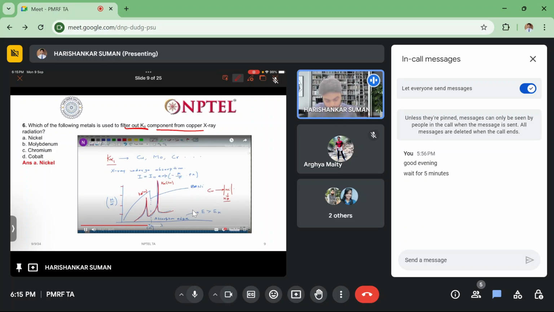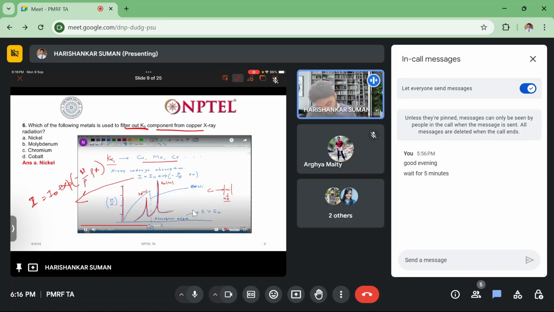We know the X-ray undergoes absorption by these metals. This is the equation: I equals I naught e to the power of minus mu by rho times rho x.